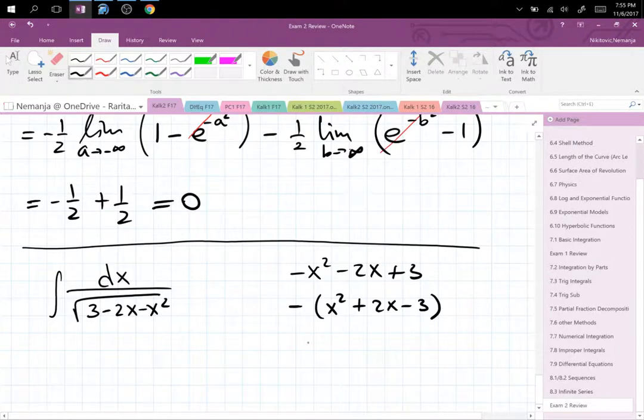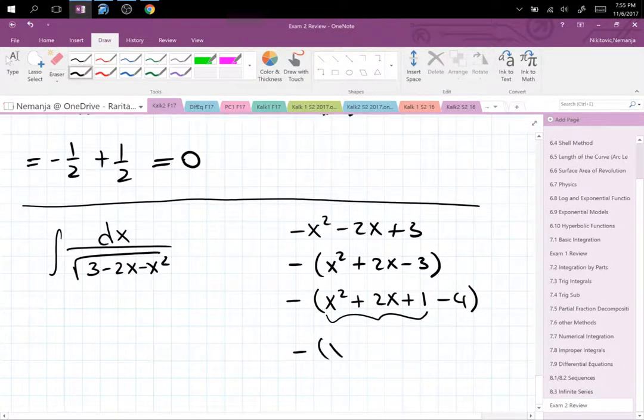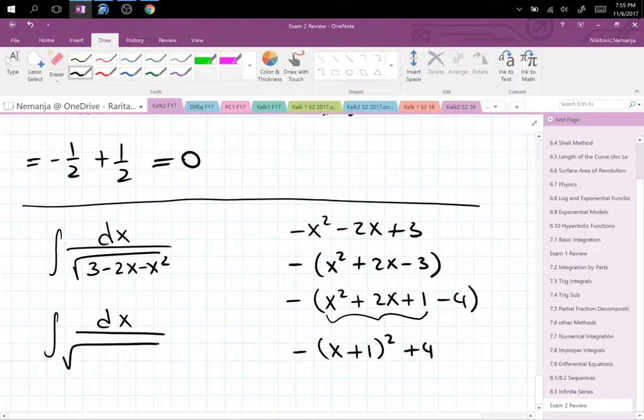Then you have negative x squared plus 2x, and then you need plus 1 and minus 1, which will make this minus 4. This is the completed square, so minus x plus 1 squared. Minus and minus will make it a plus because you have a minus in front. So this integral converts into the square root of 4 minus x plus 1 squared.